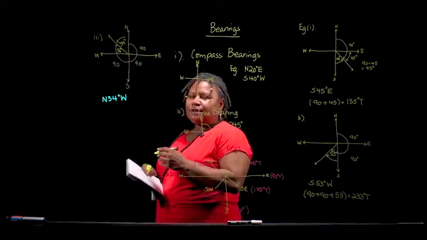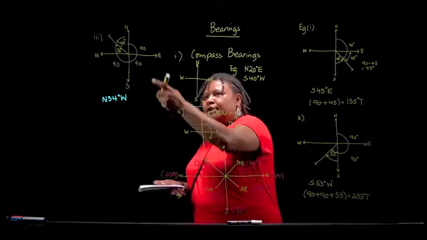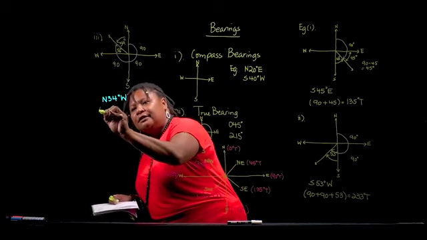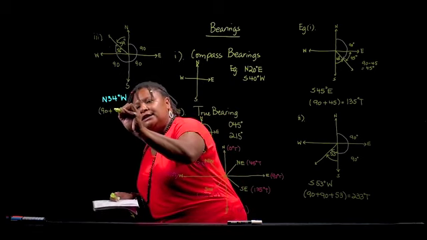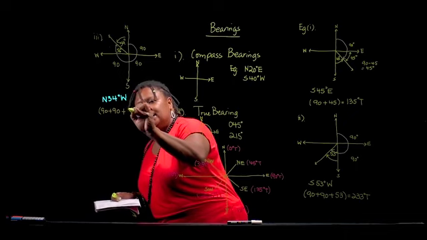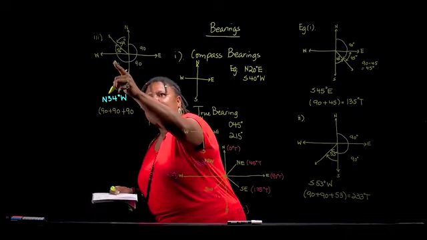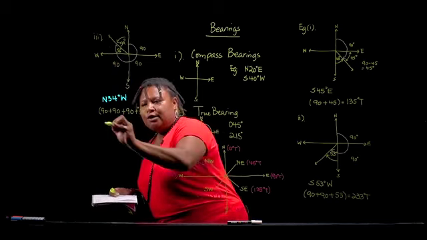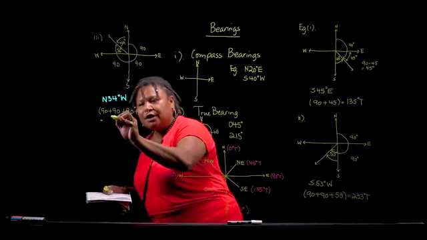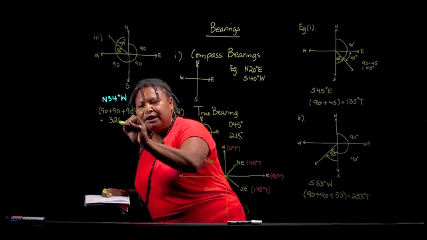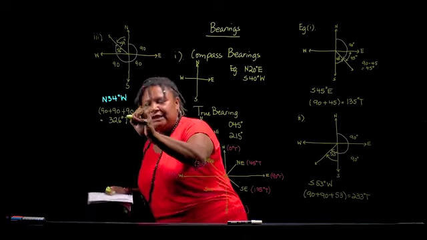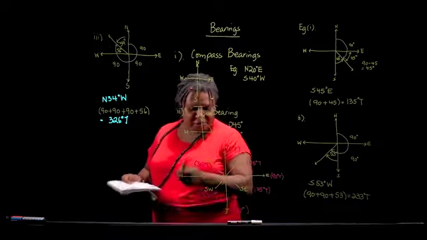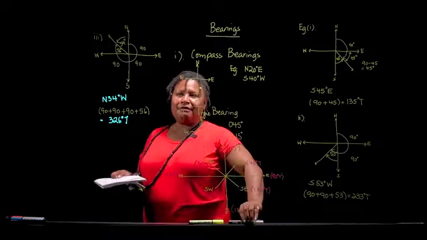So to find true bearing, we add 90 plus 90 plus 90, plus that 56 degrees here, which will give us a total of 326 degrees T.